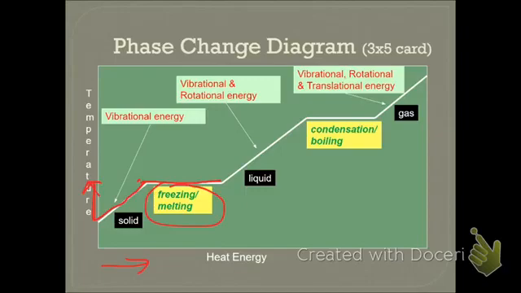Once all of it has become liquid, then the liquid will start heating itself up. Again, the temperature change will occur as energy is being put into the system. Once it reaches where that liquid starts to become gas, there will be no temperature change until all that liquid has reached the gaseous phase. Once it's reached the gaseous phase, then my gas will continue to go up and my temperature will continue to go up with heat energy.